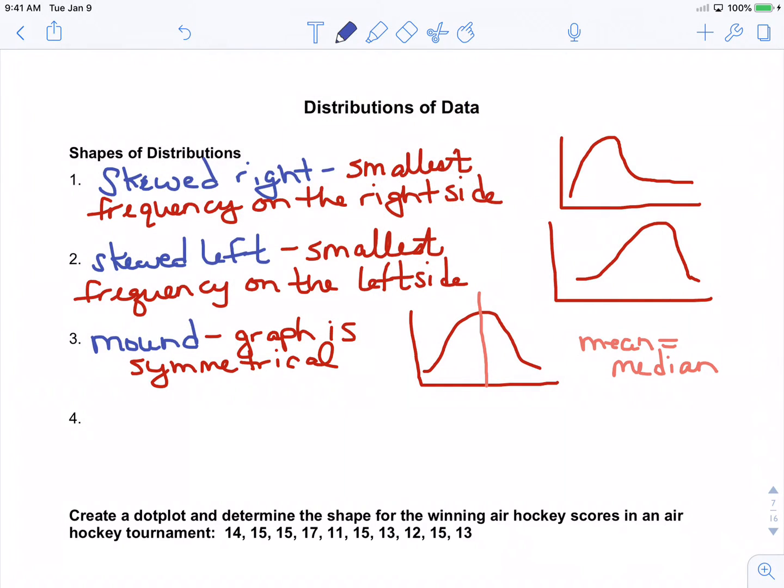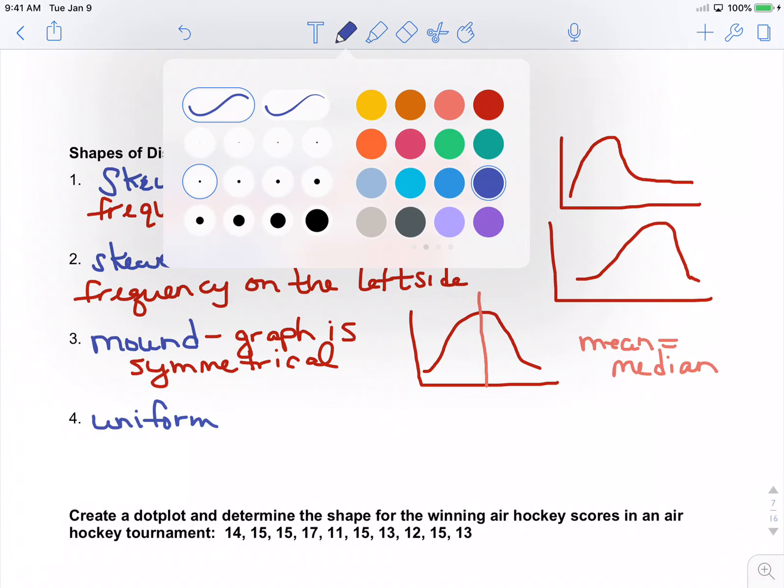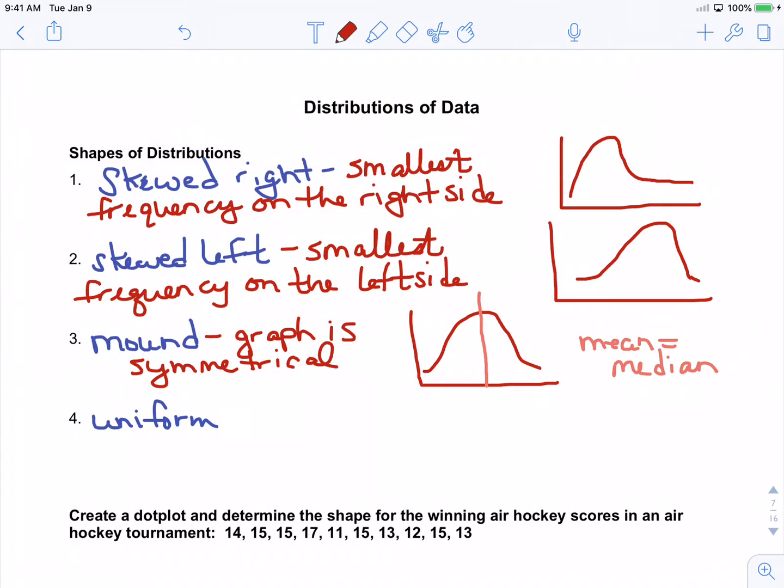And then the last one we have is a uniform graph. If something is uniform, the graph has pretty much each section or interval that's divided up about the same.